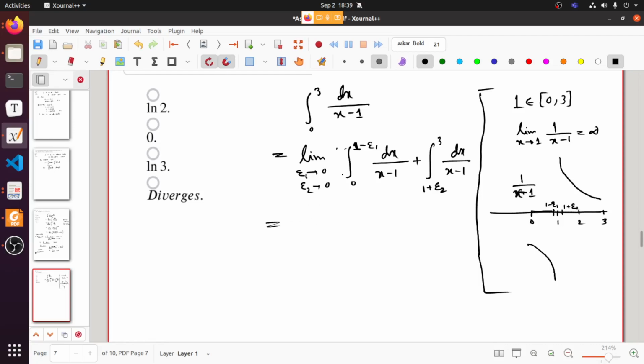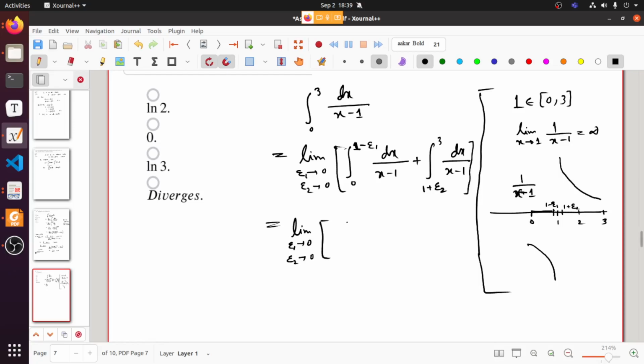Now you can do this integration, because on 0 to 1 minus epsilon, 1 by x minus 1 is a bounded function, so you can do the Riemann integration. And for 1 plus epsilon 2 to 3, 1 by x minus 1 is again bounded, so you can do this. So the limit as epsilon 1 tends to 0, epsilon 2 tends to 0.